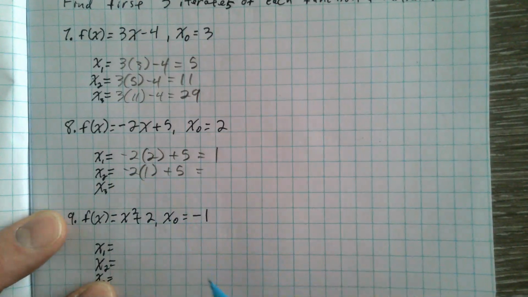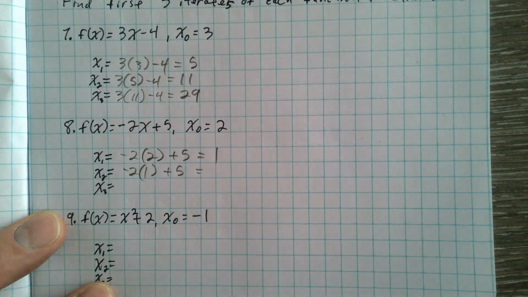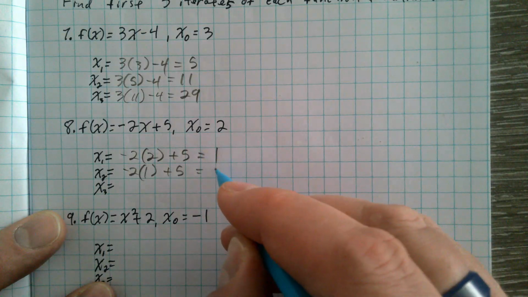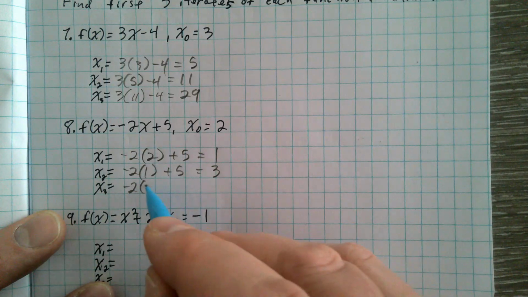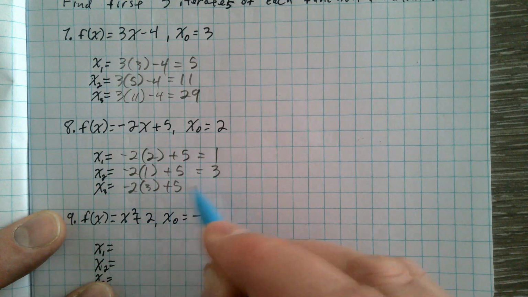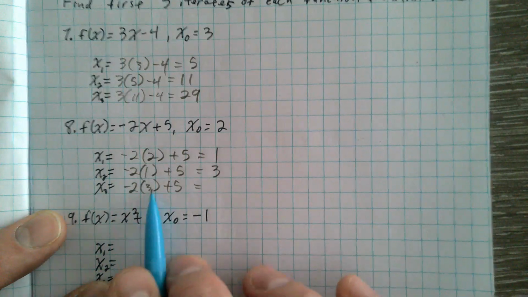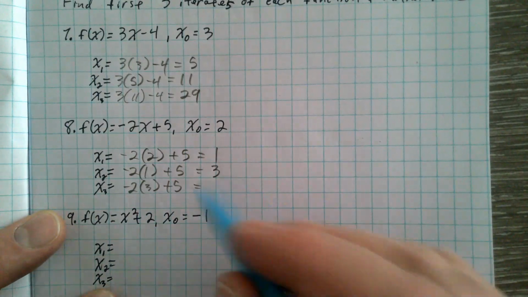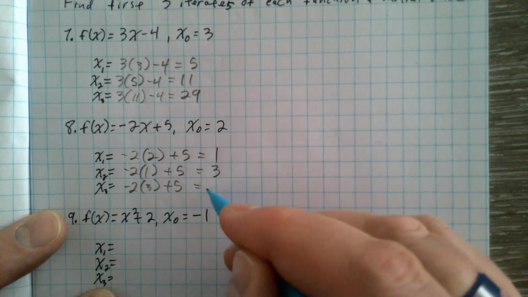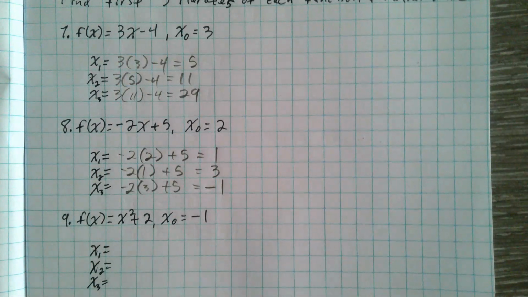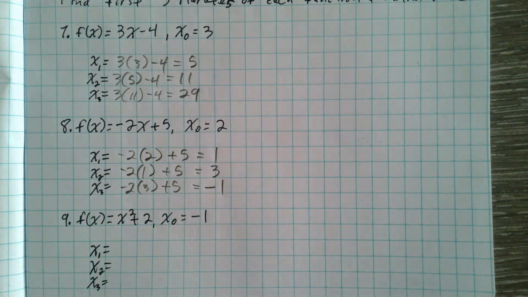Negative 2 times 1 is negative 2, plus 5 is 3. Negative 2 times 3 plus 5. Negative 2 times 3 is negative 6, plus 5 is negative 1. All right.